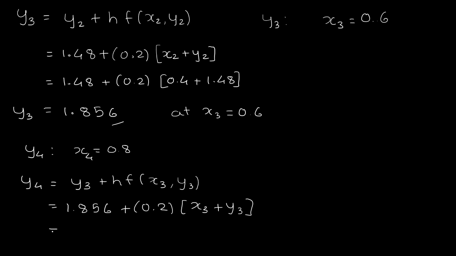We substitute 1.856 plus 0.2 times x3, which was 0.6, plus y3, which was 1.856. If you substitute and simplify, you will get y4 equal to 2.347 at x4 equal to 0.8. You have to find these values to 3 decimal places; that will be considered more approximate.